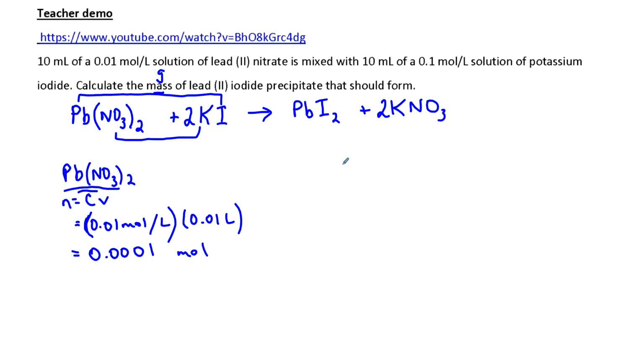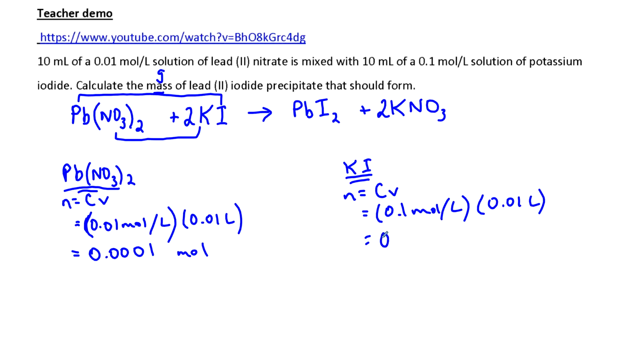And I'm going to do the same thing for KI. So I have a concentration of 0.1 mole per liter and a volume also of 10 milliliters or 0.01 liters, which would result in 0.001 moles.